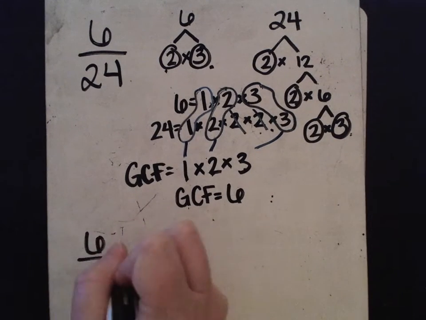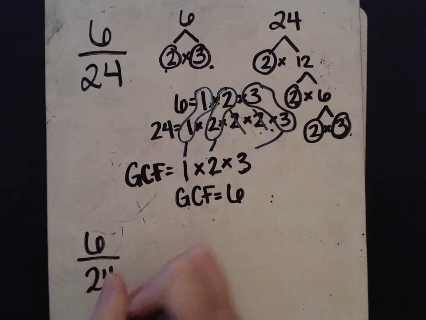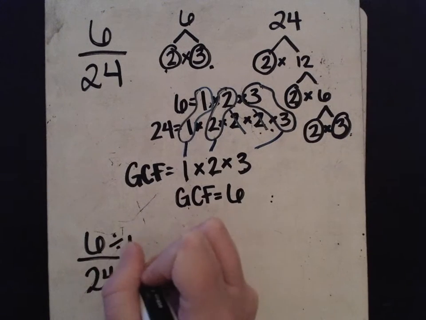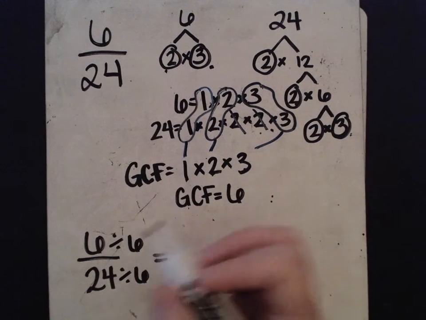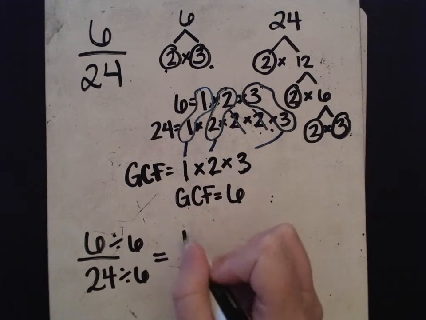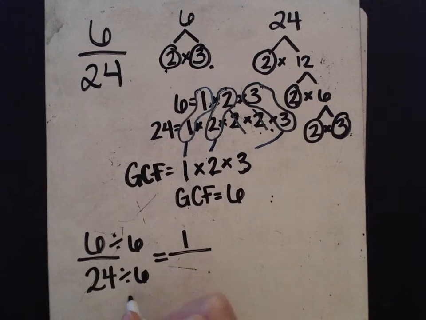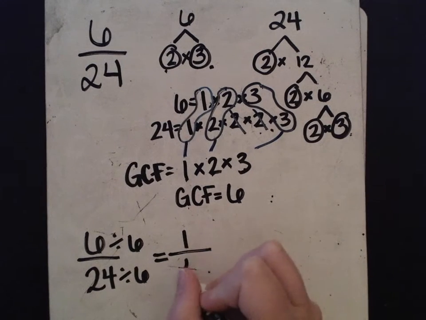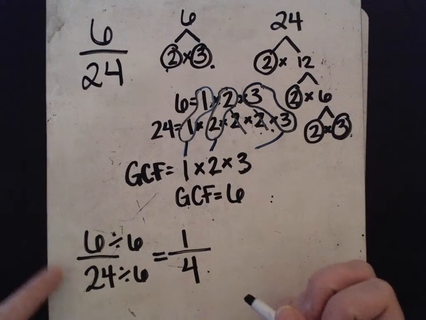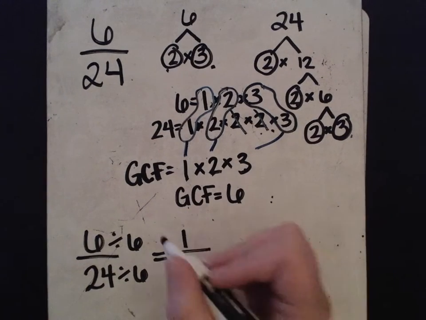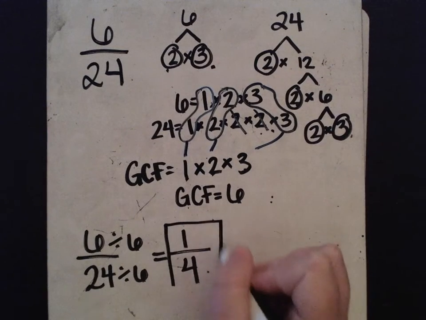So 6/24, divide the numerator by 6, divide the denominator by 6. 6 divided by 6 equals 1. 24 divided by 6 equals 4. So 6/24 in simplest form equals 1/4.